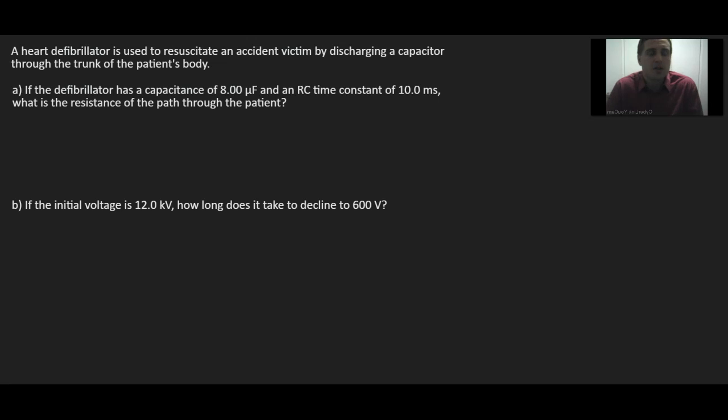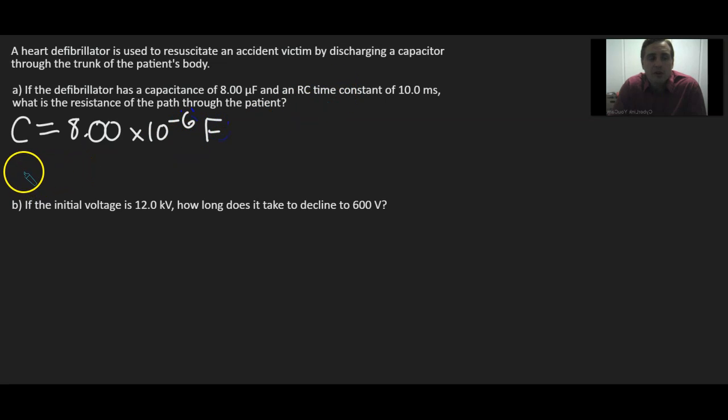Okay, so let's write down our knowns in the SI units. So we're told the capacitance is 8 microfarads. So let's write that down. Capital C is 8.00, and micro is times 10 to the minus 6 farads. We're also told the RC time constant, so let's write that down.